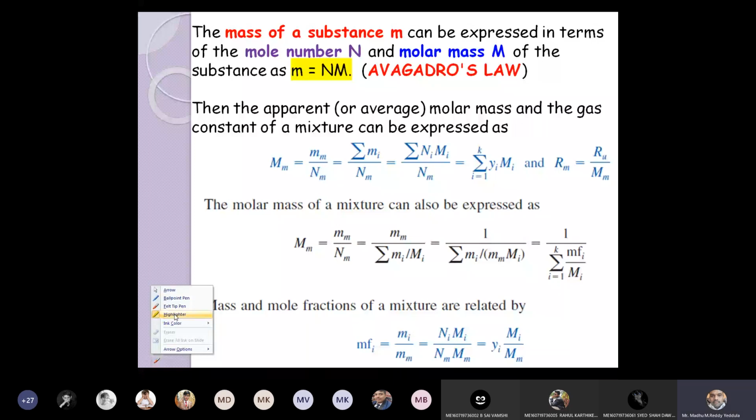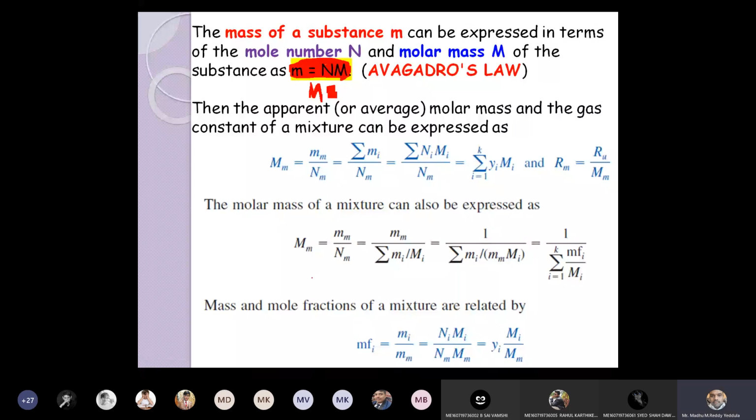Right. Is Avogadro's law clear? Now, can you see the red colored one? So what does it state? It states that the mass of the substance is equal to the number of moles multiplied by the molar mass. So from this, if I want to write capital M, what can I write? Small m by n.